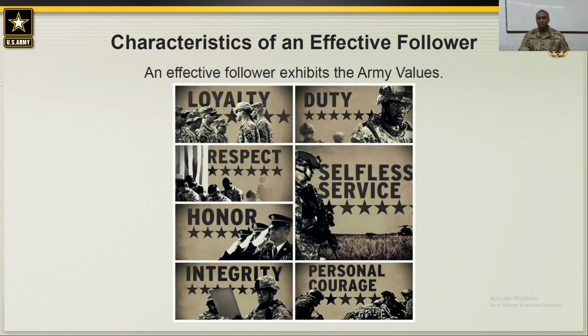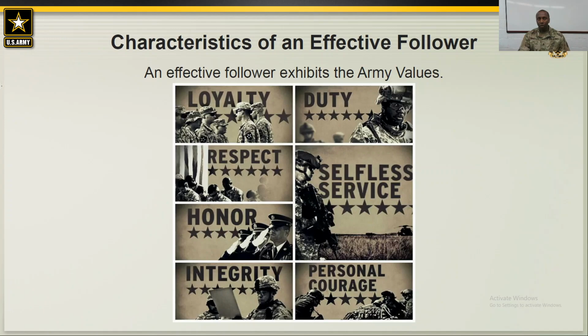And we have respect, tactfully doing things the way that others can grow and have a high opinion of you, your peers and your superiors, or treating people the way that they should be treated. Selfless service, going the extra mile for the mission, your peers, and the leadership. Honor, carrying out actions and habits without dishonesty. Integrity, doing what's right legally and morally. And personal courage, facing fears, dangers, or adversity, physical or moral, small or big.